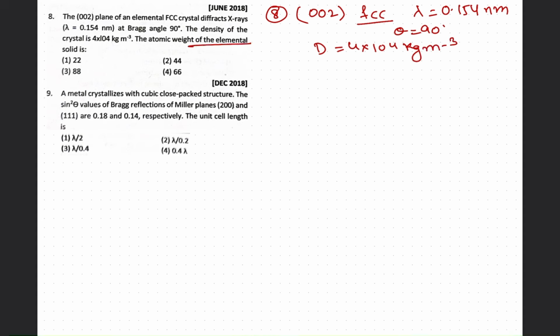They're asking for the atomic weight of the element. So we know that density is Zm upon Na cube. Now in this question for FCC, Z is 4, you have to find M. N is Avogadro number, d is density given. Now the main question is you have to find a.